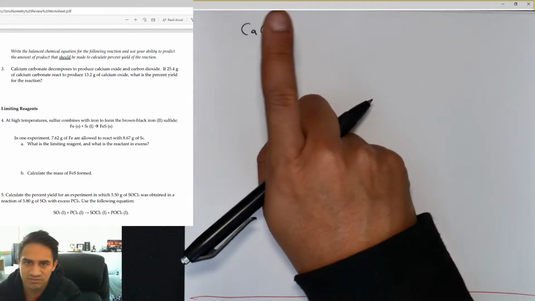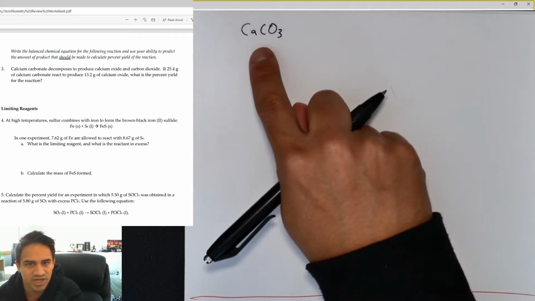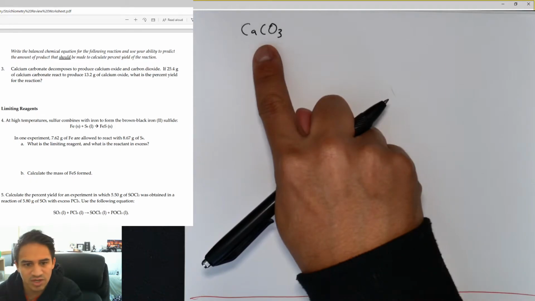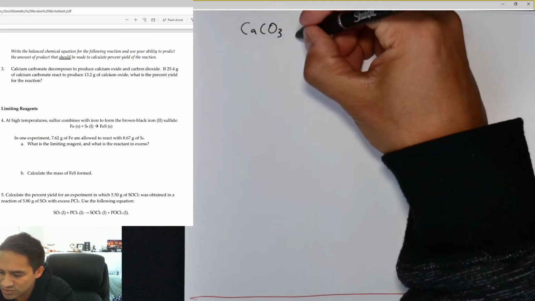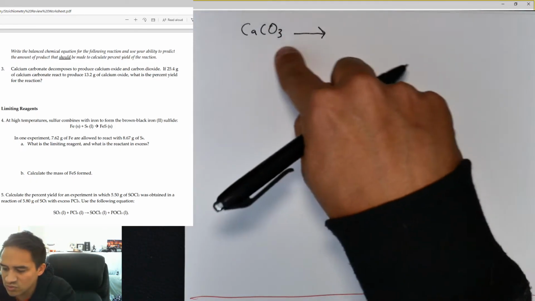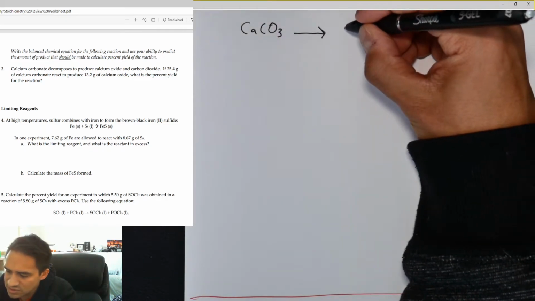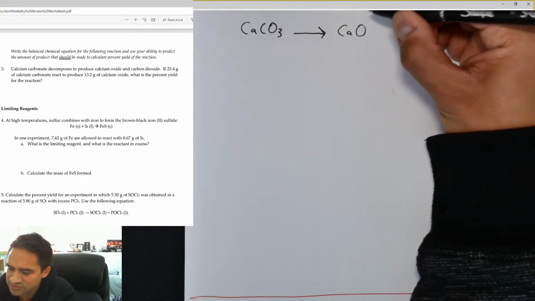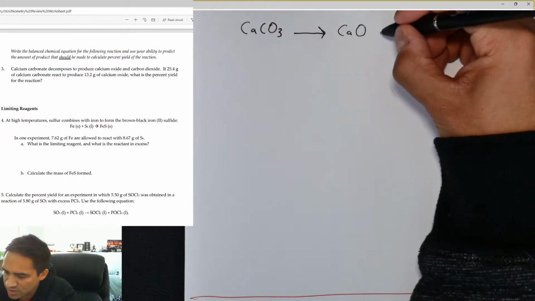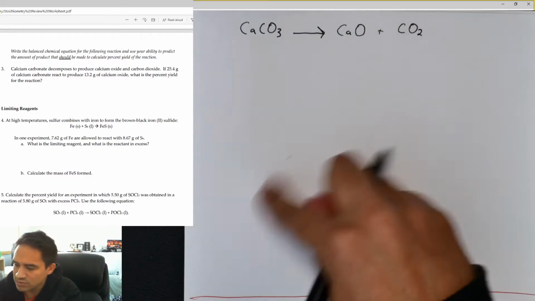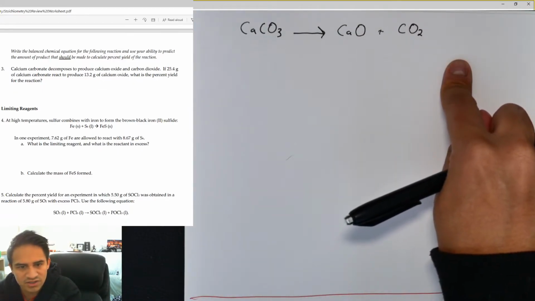But if not, go back and look at some past videos, I suppose, or reach out to me and we can do some work together. So calcium carbonate decomposes to produce. Okay, so it's decomposing. There's only one reactant. We're producing calcium oxide. So calcium oxide has a chemical formula of CaO. And carbon dioxide, that has a chemical formula of CO2. Okay, so here are our products.